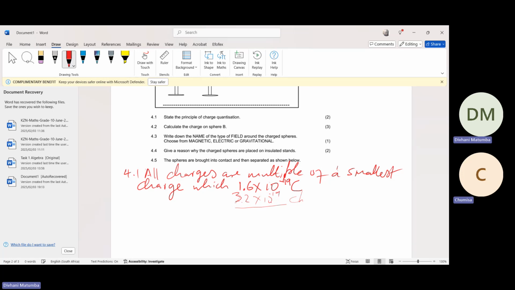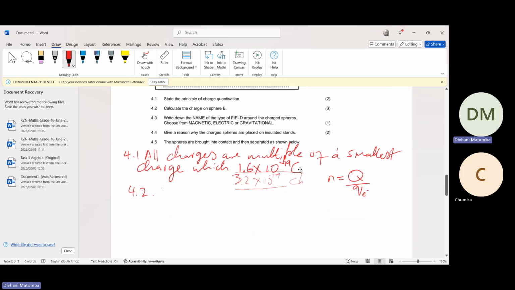Because if you divide 3.2 times 10 to the power of -19 by the unit charge, you will get 2. Do you agree? Yes, sir. Okay. Now the formula says the number of charges equals the charge divided by the unit charge. The charge of the object divided by the unit charge gives you the number of charges. Right.